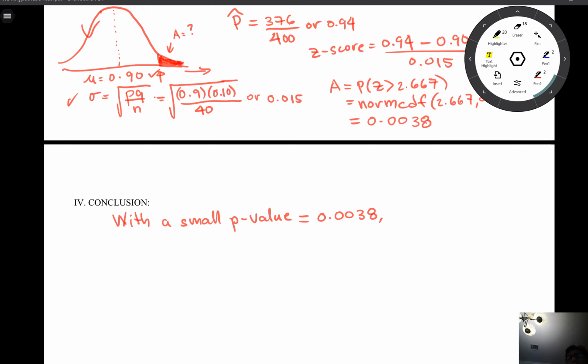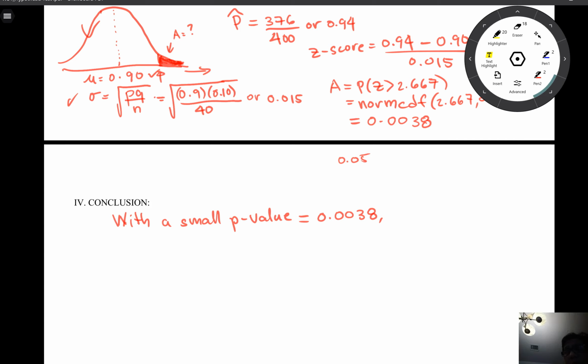See, this is very small. This is very unusual. If you remember before, if it's less than 5%, meaning 0.05, it's going to be unusual. And so this one is very unusual.